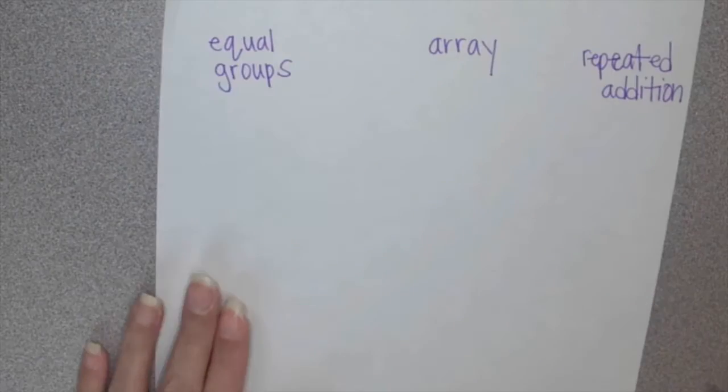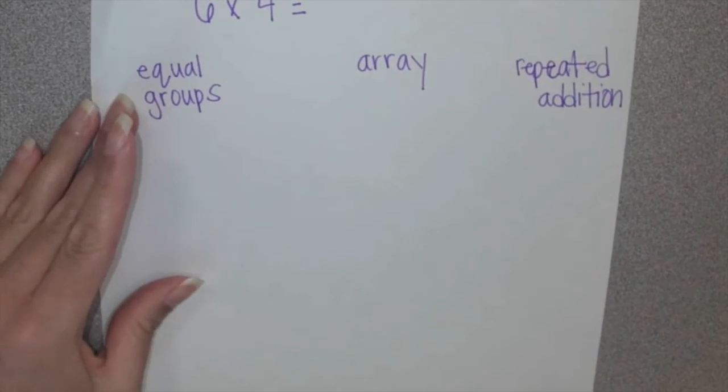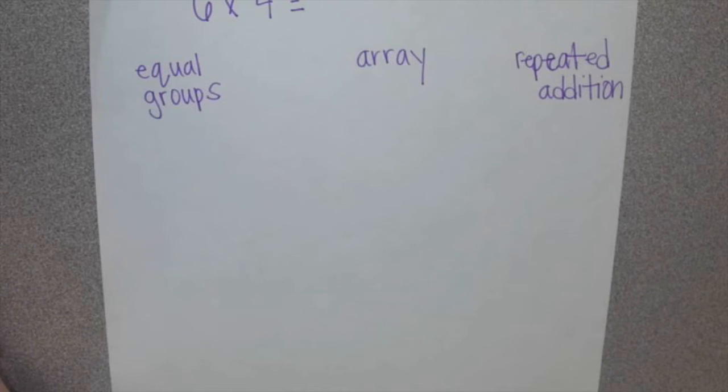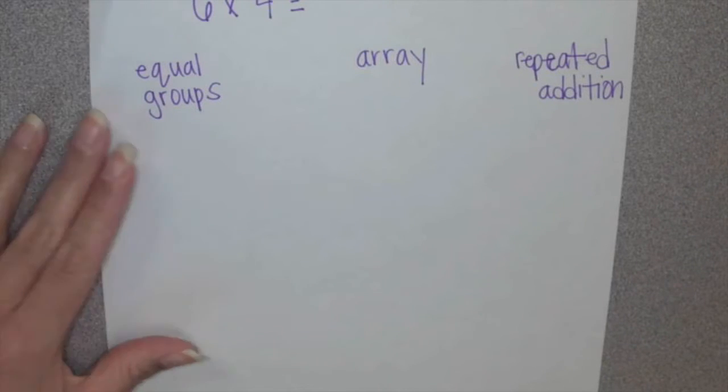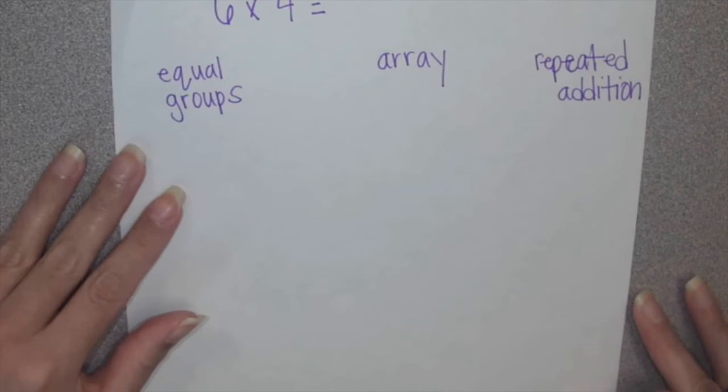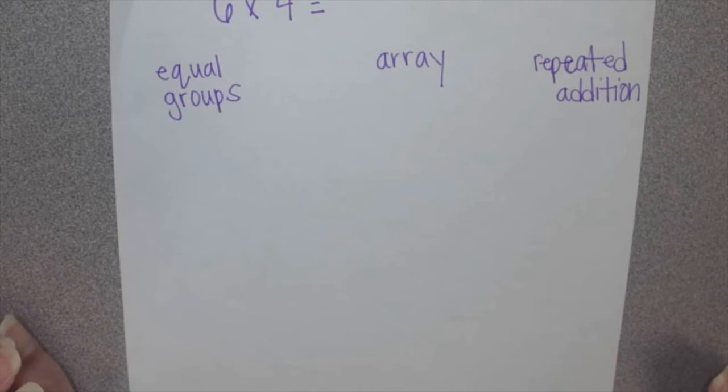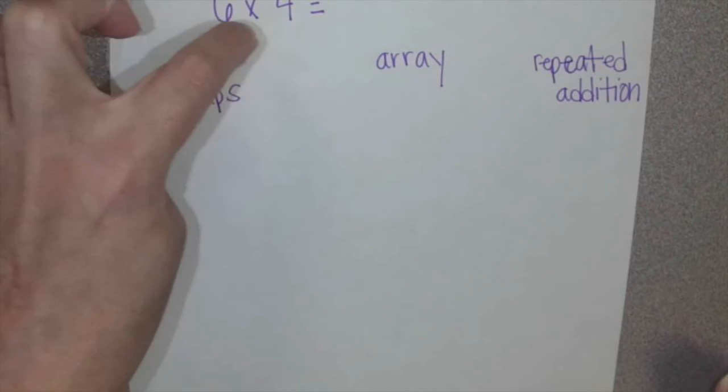Also, boys and girls, don't forget, if the strategies that I showed you today confused you, don't worry. They're just some other strategies to help you be able to multiply. But if you want to, you can still multiply how you've been learning using equal groups, arrays, repeated addition. For example, 6 times 4.